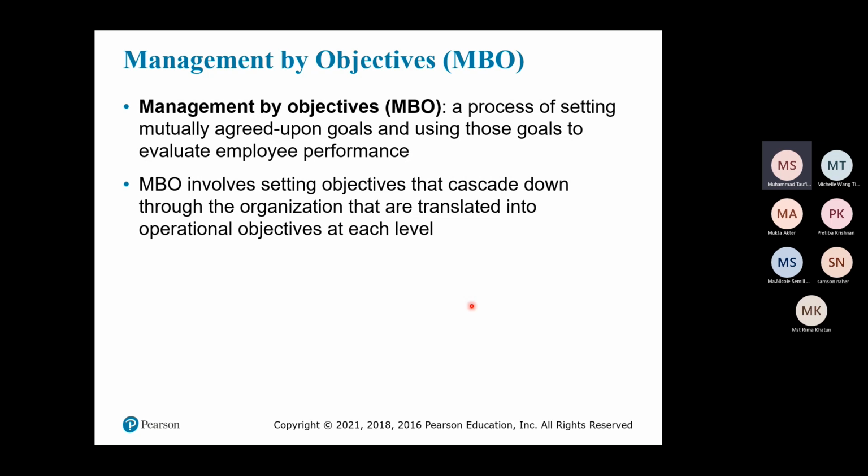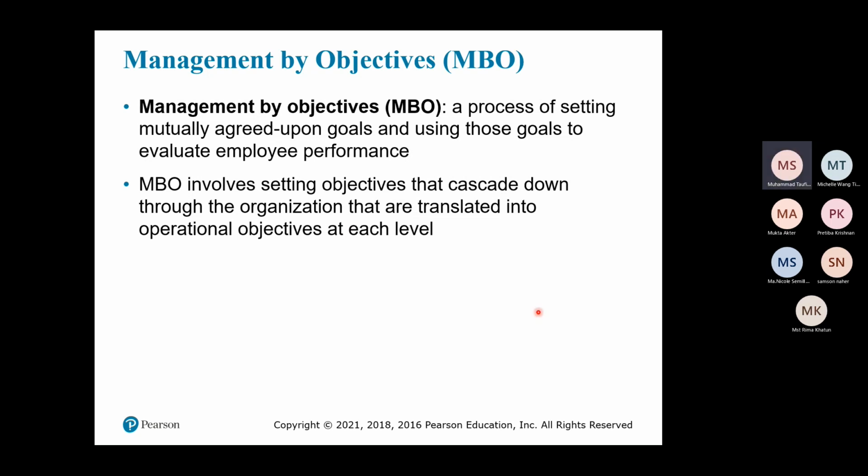Then you agree on the objective for the specific employee. Okay, and then you design their KPI or their performance evaluation based on the objective you already agreed with the employee. So this is what we call management by objective.